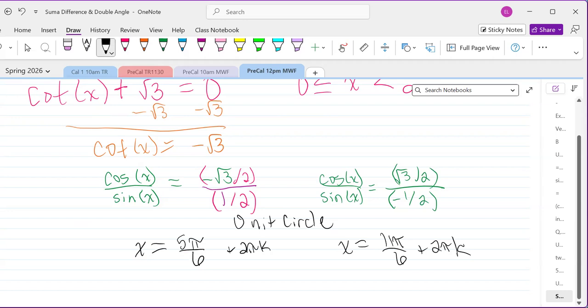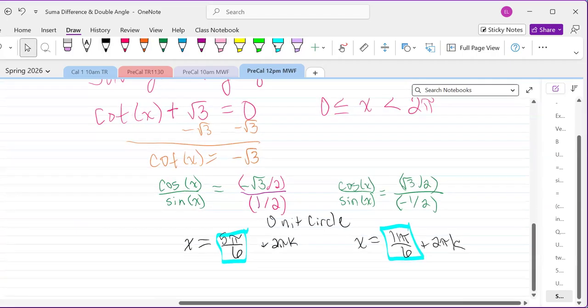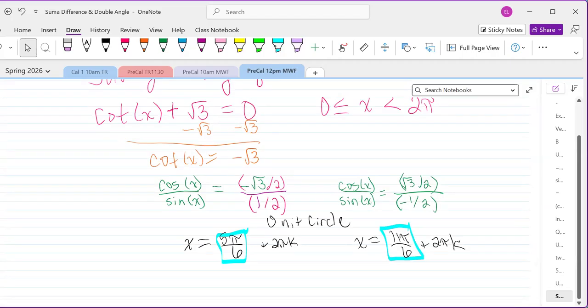So that is our general solution. And then those two angles that we see, those are the only solutions from 0 to 2 pi. So we had to massage the equation a little bit to get from cotangent into sine and cosine.